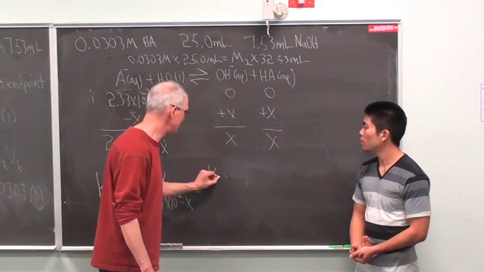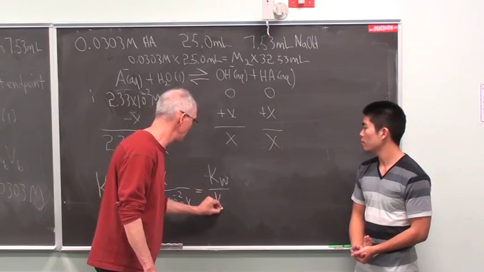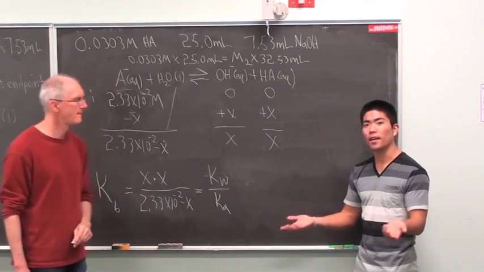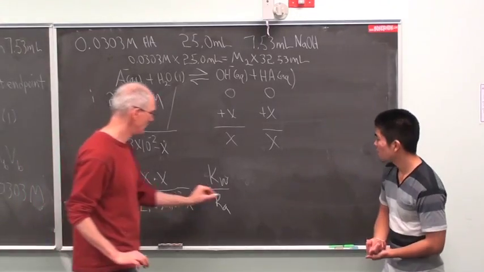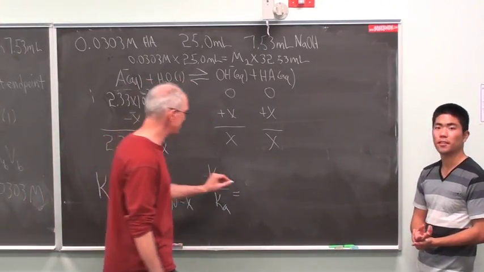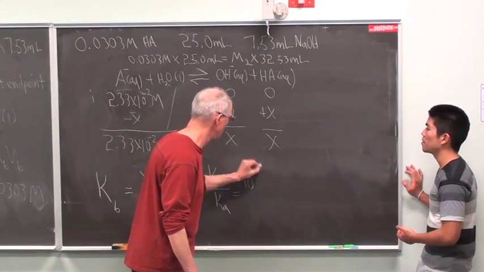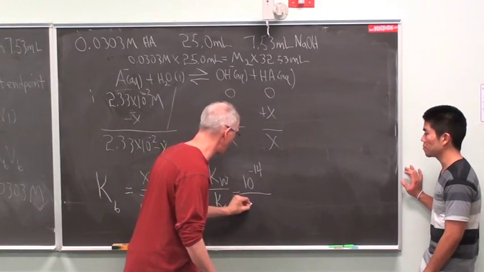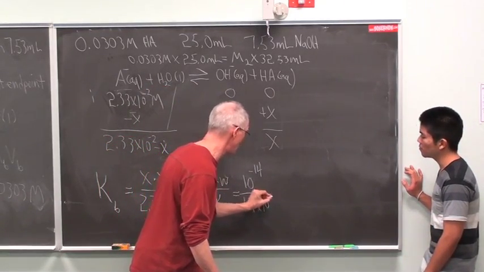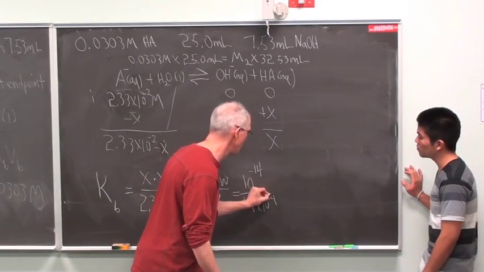It's Kw over Ka. We know Ka because we can look on our sheet, and we always know Kw is 10 to the minus 14. Ka, I looked up on the chart, is 1.4 times 10 to the minus 4.